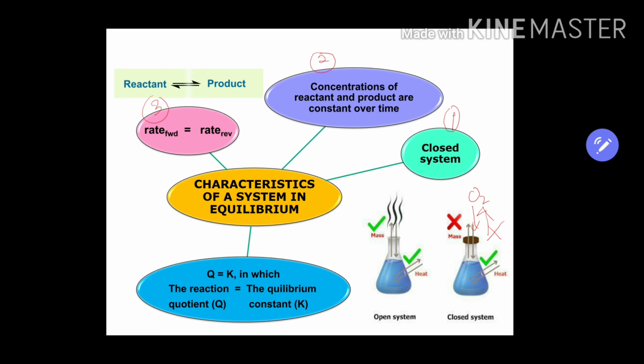Actually, the rate of forward reaction decreases as the concentration of reactant decreases, while the rate of the reverse reaction increases as the concentration of product increases. But in equilibrium, the rate of forward is equal to the rate of reverse because the concentrations of reactant and product are constant. The fourth characteristic is that the reaction quotient Q is equal to the equilibrium constant K.